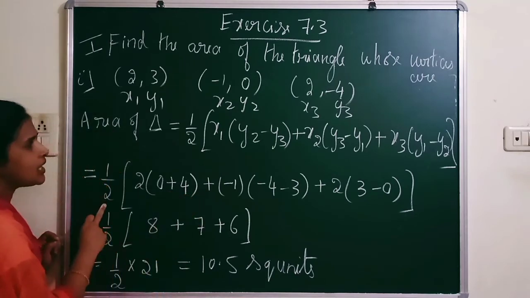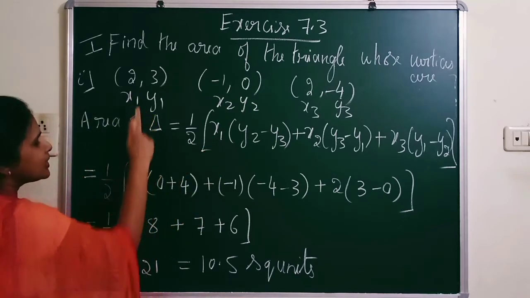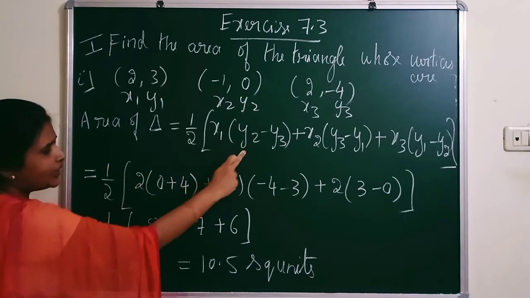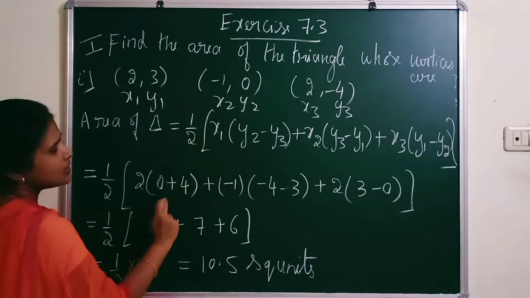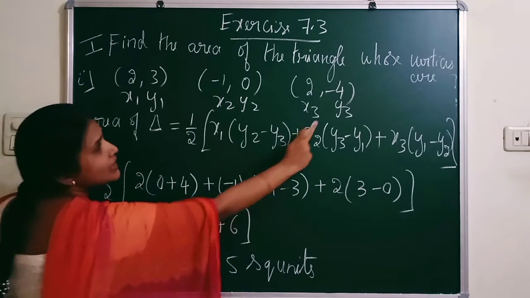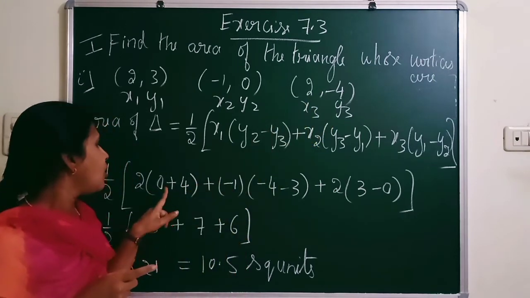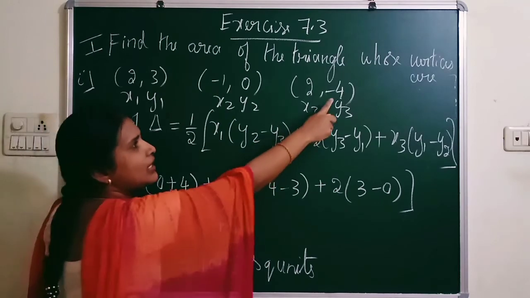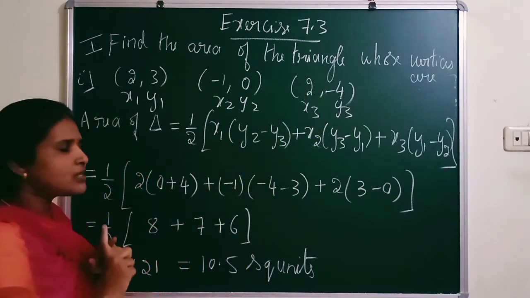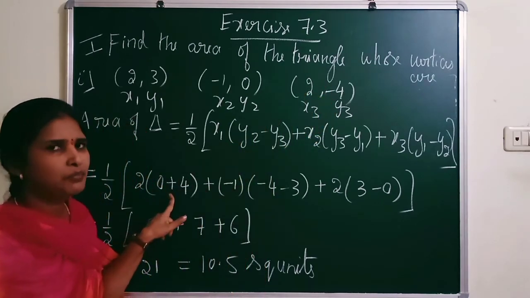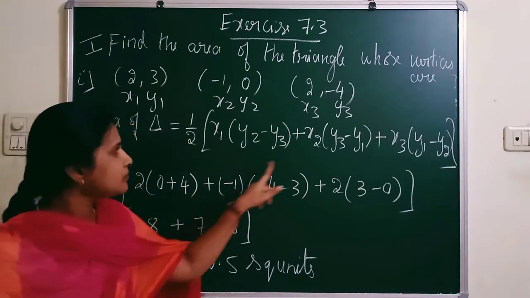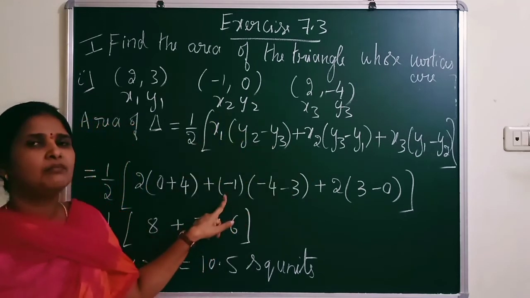Now I am substituting half into, what is x1? x1 is 2. Substitute, y2 is 0, minus y3 is minus 4. Don't waste one more step here. Already you have one minus in the formula and here minus 4. Minus into minus becomes plus, so directly I have written plus 4. Plus, what is x2? x2 is minus 1.